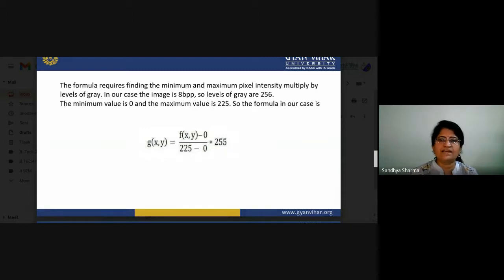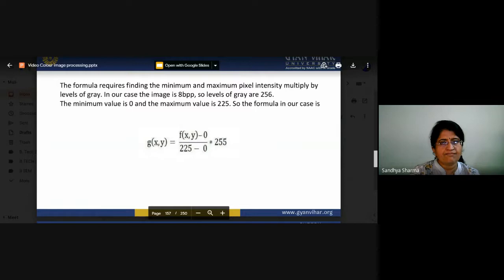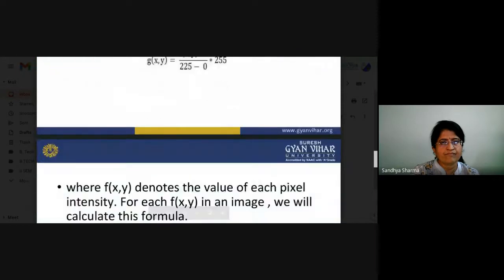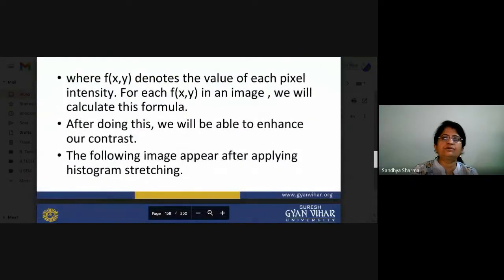So the formula in our case is this. Here f(x,y) denotes the value of each pixel intensity, for each f(x,y) in an image we will calculate this formula, and after doing this we will be able to enhance our contrast.